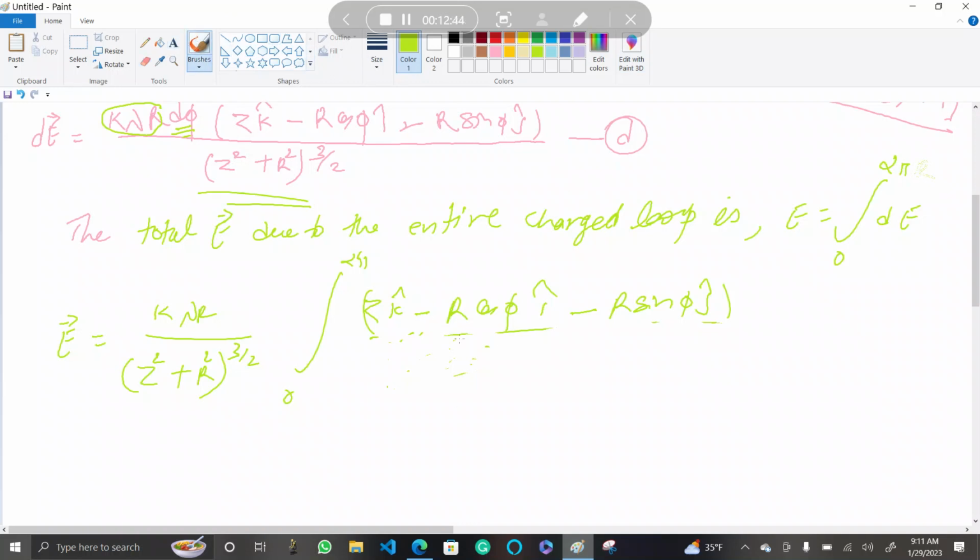But because of the symmetry, as I explained before, this part would go to 0 and this part would go to 0, and in total I get k lambda r by (g square plus r square) to the power 3 by 2, and g is the constant, integrating 0 to 2 pi d phi along the k direction.